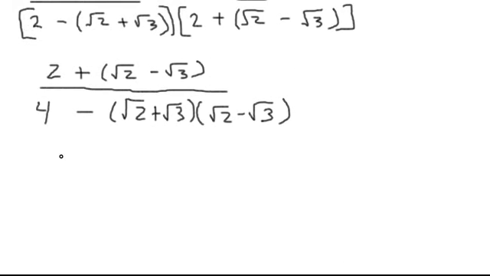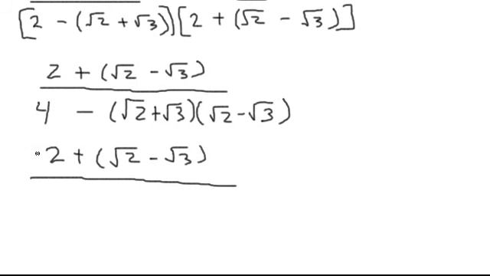Now of course we multiply this out. I'm just now rewriting the numerator, not the denominator: 4 minus, start a big parenthesis, square root of 2 times square root of 2 is 2. Square root of 2 times negative square root of 3, and then square root of 3 times square root of 2, those will cancel out. We're left with square root of 3 times square root of 3, but it's going to be a minus 3.